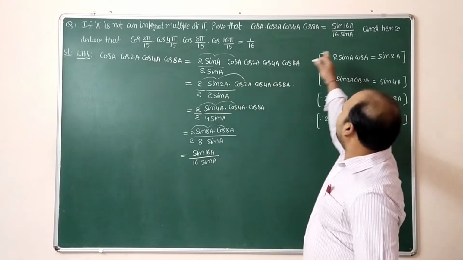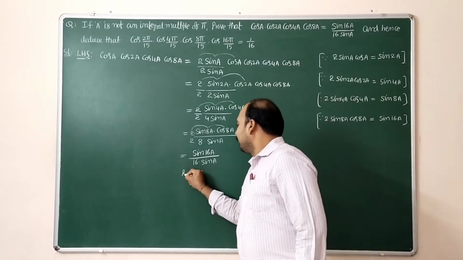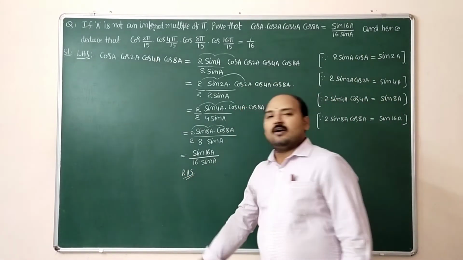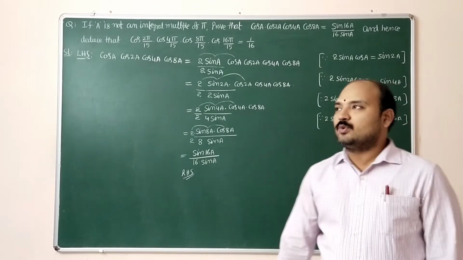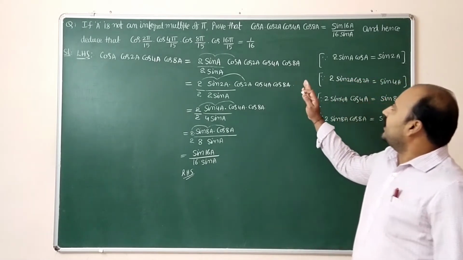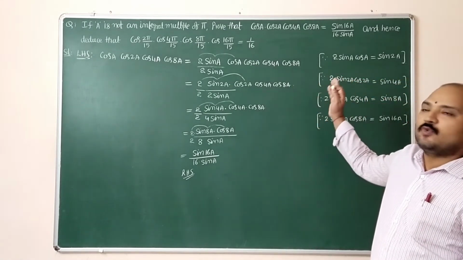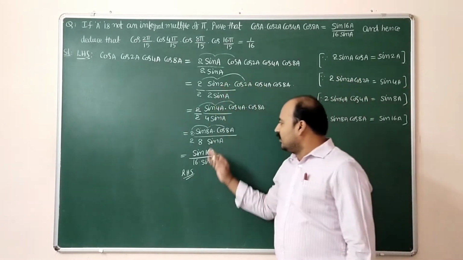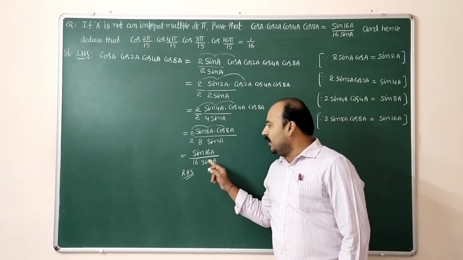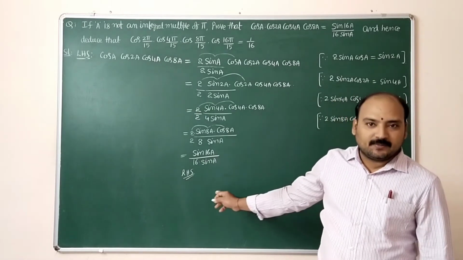This is the required RHS. So we got that RHS value. Therefore, cos A, cos 2A, cos 4A, cos 8A equals sin 16A by 16 sin A.